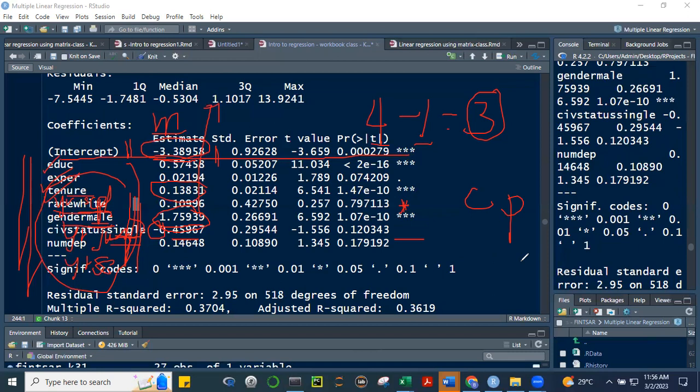What will be the answer there, class? Anyone? Class? Okay, sige, ulitin natin. My question is, what's the average hourly wage of a person without education, without experience, without tenure, without any number of dependents, who is non-white, who is married, and who is male?